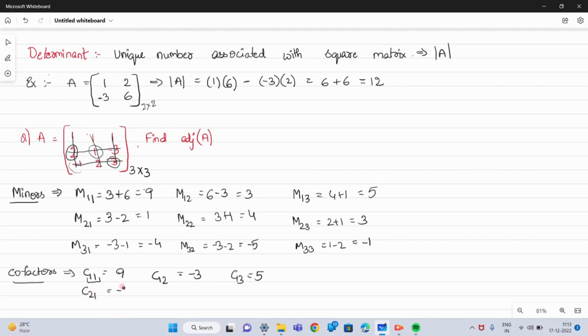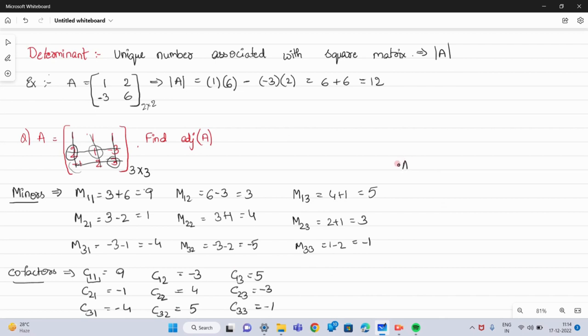C21 is odd, the negative of M21. C22 is even, remains the same. C23 is odd, so the negative of M23. C31 is even, so it remains the same. C32 is odd, so it becomes 5. C33 is even, so it remains the same. So now we got the cofactors.